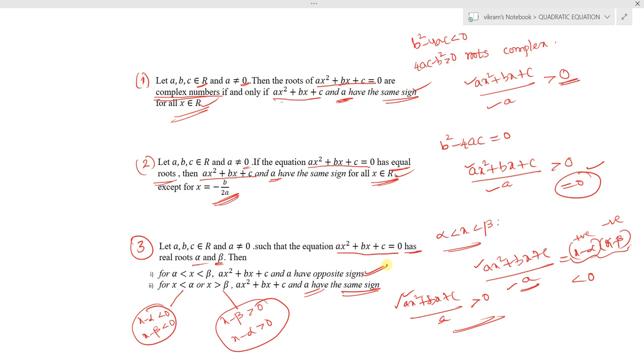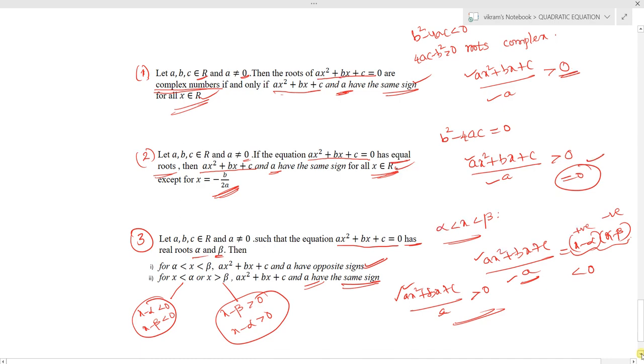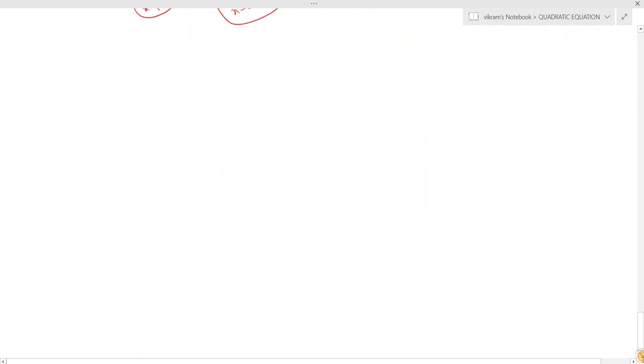Now we will discuss a simple trick, otherwise simple steps, about the quadratic equation. ax square plus bx plus c equals 0 is a quadratic equation. If the signs of a and c are the same, how do we find out the signs of the roots alpha and beta?